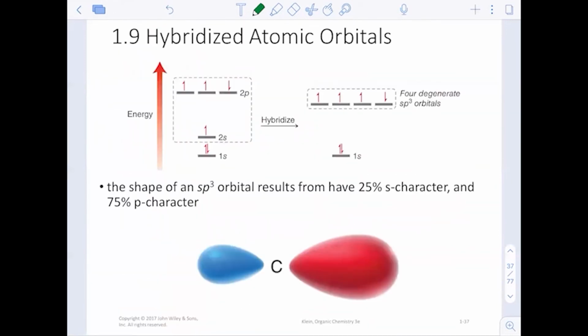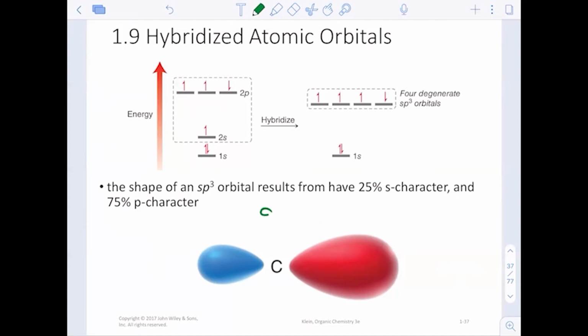What results is the sp3 orbital is kind of like an S, and a bunch of P's fell in love, had a baby, and it looks kind of like a dumbbell, but it's an uneven dumbbell shape, right? We see a bloated lobe there on the red side and a smaller lobe on the blue.